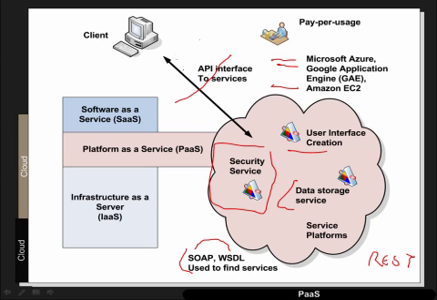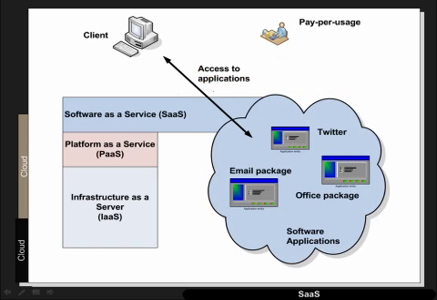Again, we have an API to interface to our services and then bundle them together to create our applications. Then at the top level we can have software as a service, and here we see examples of email packages such as web-based Outlook, Gmail, and so on.